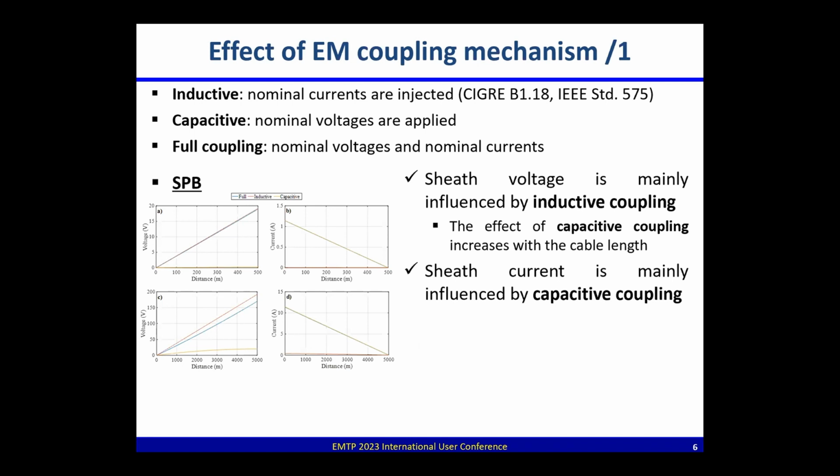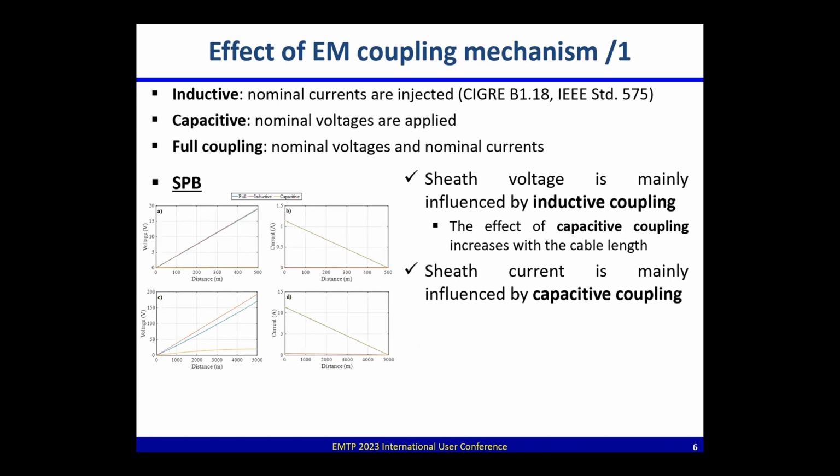And the effect of the capacitive coupling, which is indicated with the yellow one, is actually pronounced only in the second case, where we have 5 kilometers of cable length. Thus, we can say that the capacitive coupling increases with the cable length. This is expected since as the cable length increases, we have the accumulation of the charging current, and thus the capacitive coupling is more pronounced.